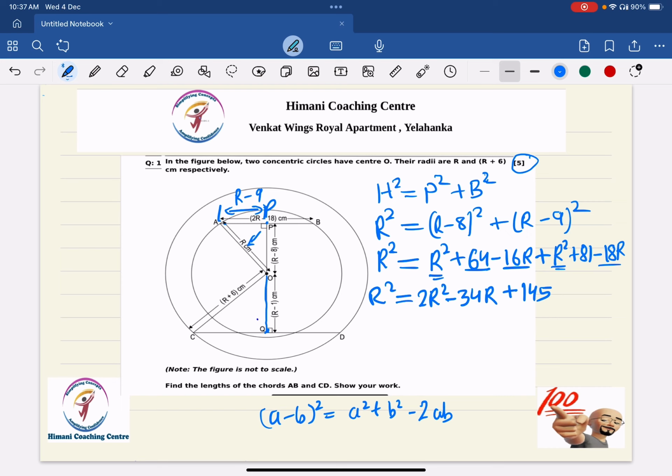Since this is an equation with a variable of power 2, it's a quadratic equation. So let us bring this r square also to this side. So 2r square minus r square, we would be just left with r square, then minus 34r plus 145, which is equal to 0.